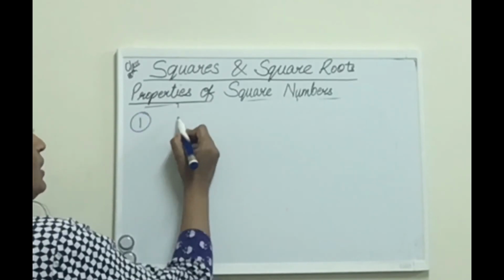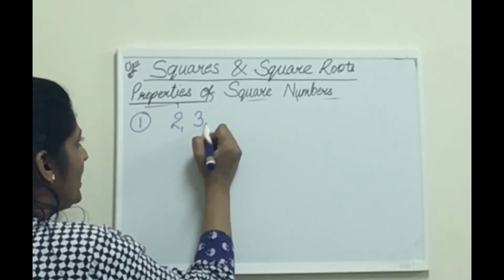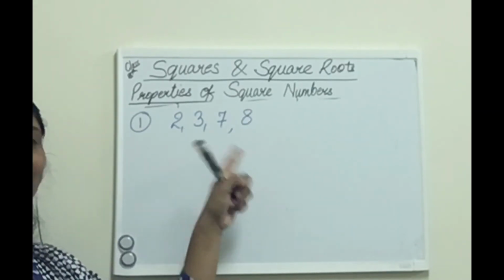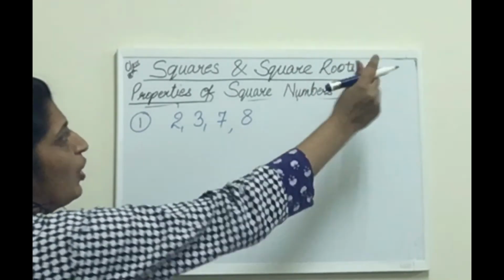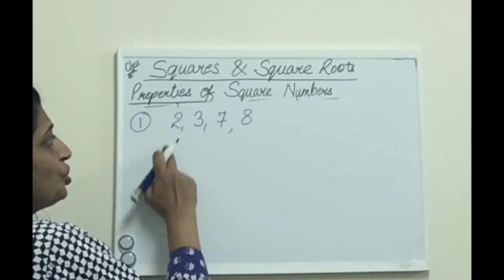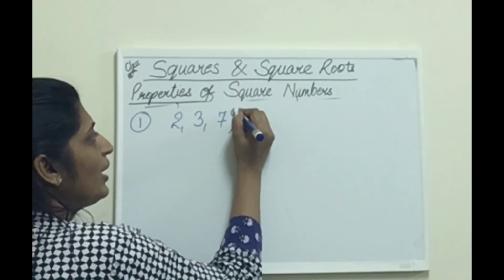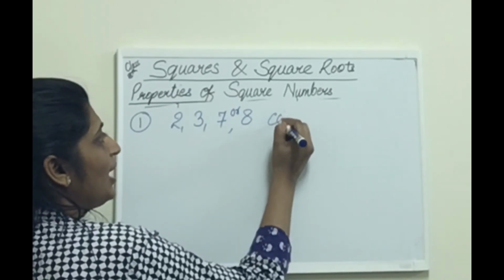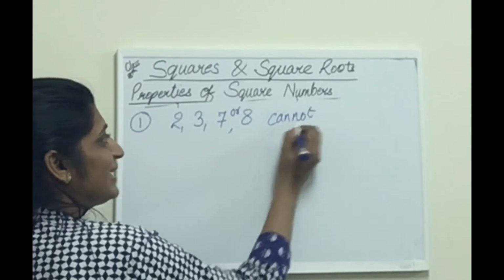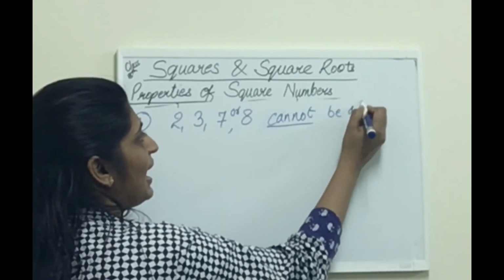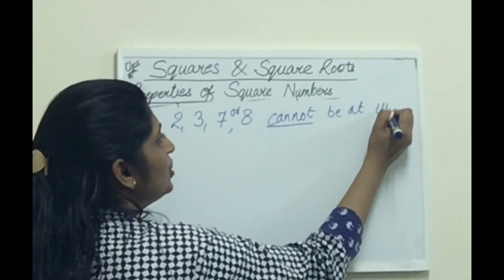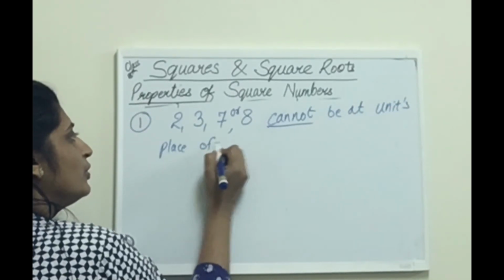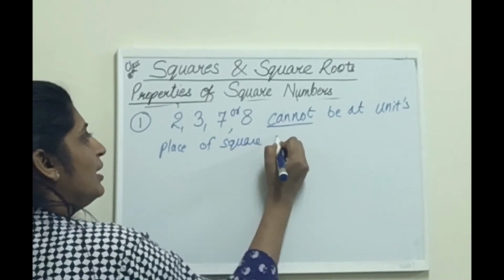First property: 2, 3, 7 or 8 cannot be at the units place of square numbers. See the word cannot.